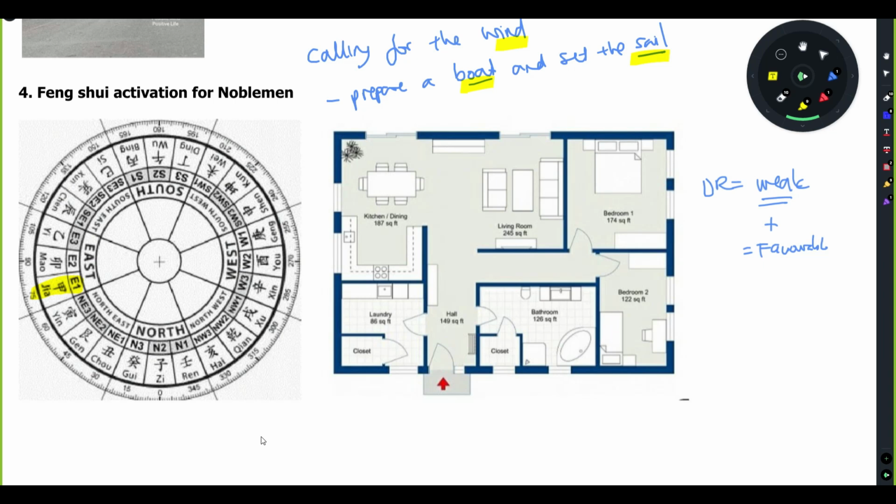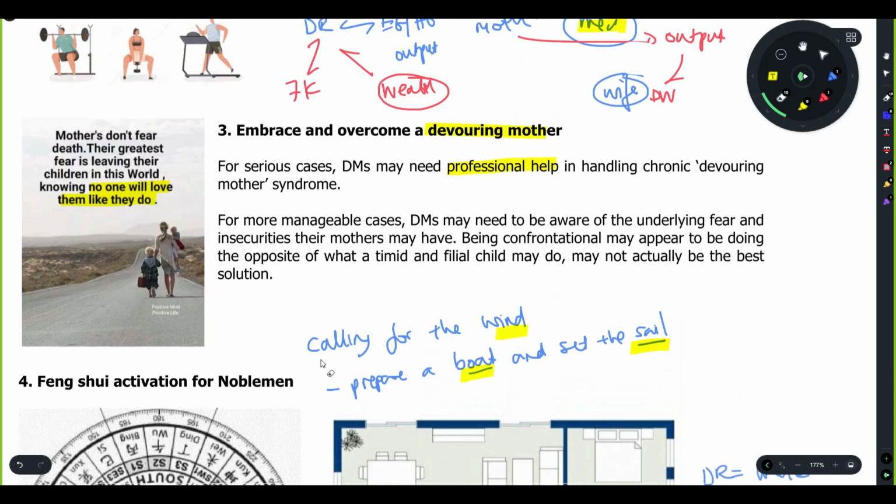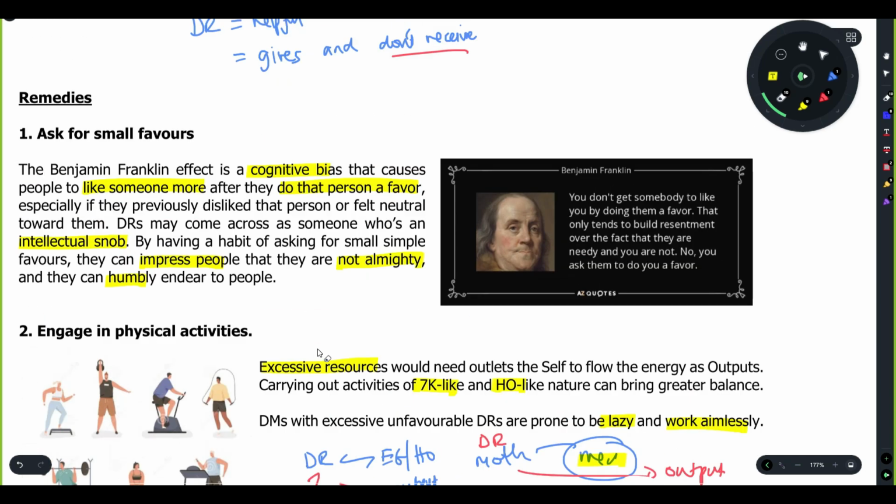But we also consider that looking into feng shui can also tell the chart. The east here may represent the laundry room, so sometimes it is not easy to activate. By the way, this is just a little more about what remedies one can have for the direct resource problem.